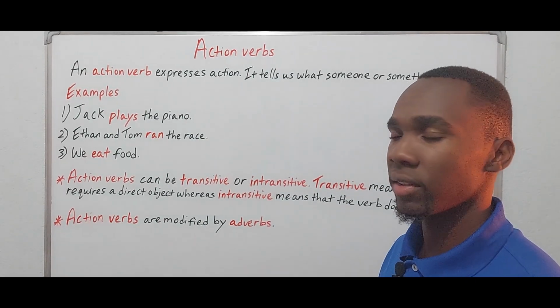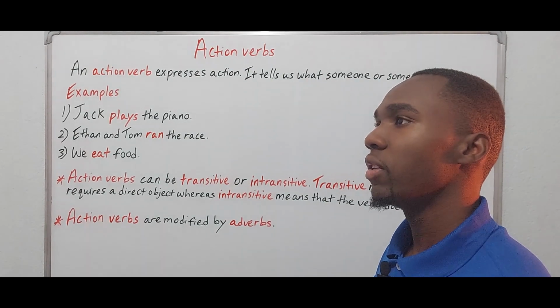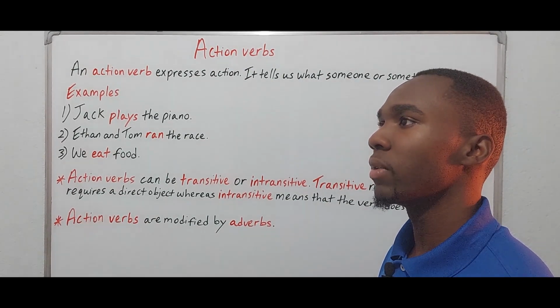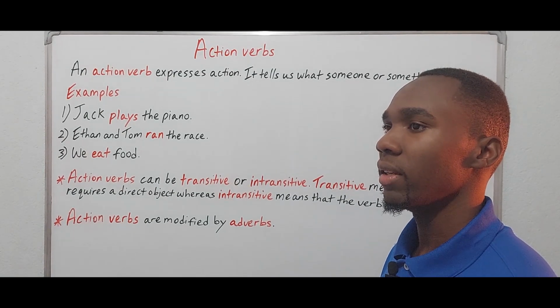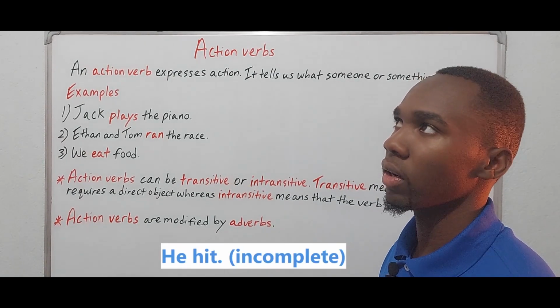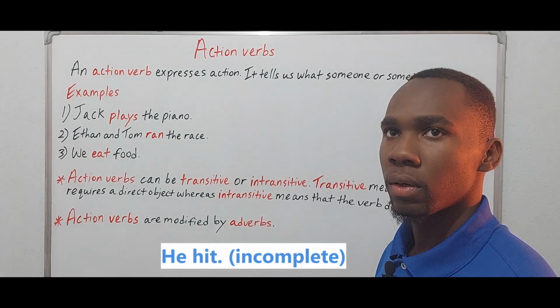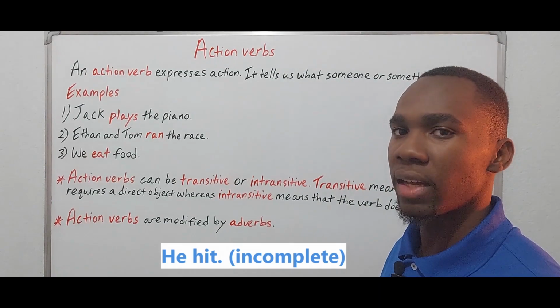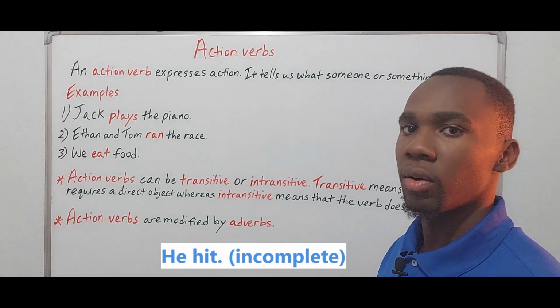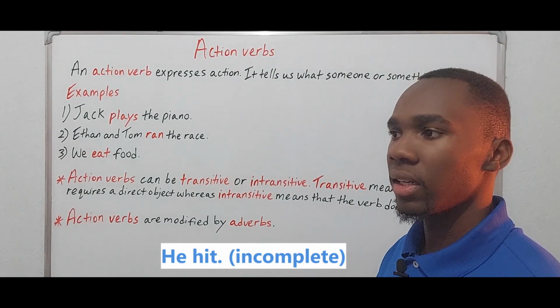So let's look at some examples. If I use the verb to hit, and I say he hit, what or who did he hit? That's the question you would ask, because that sentence is incomplete. We need a direct object.